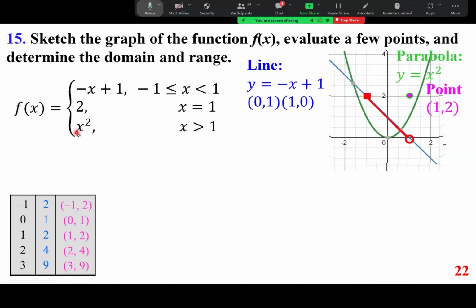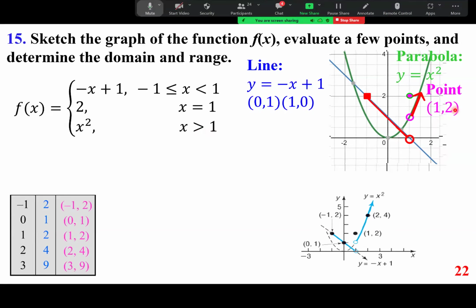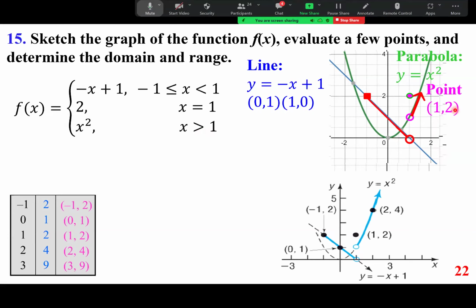Y equals x squared, x is larger than 1. Okay, so this is 1, this point is 1, 1, but at 1, it's not equal to that after that. So we get a hole, and up there, this is the portion. Now put this one, and the point together, you have this graph.